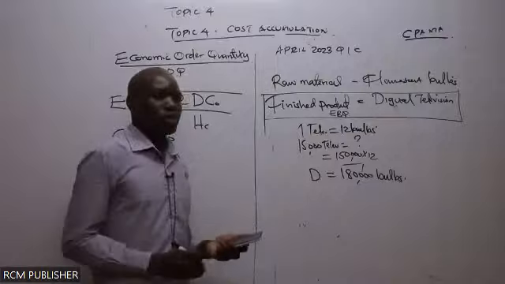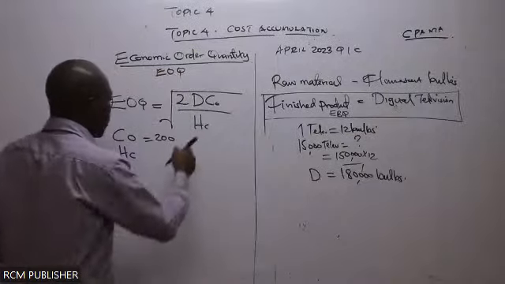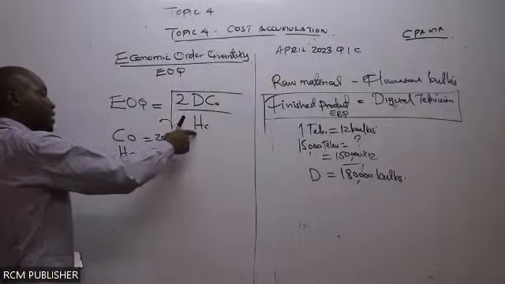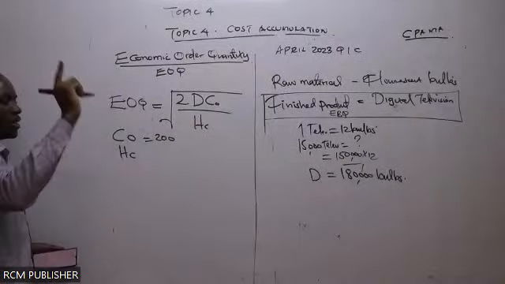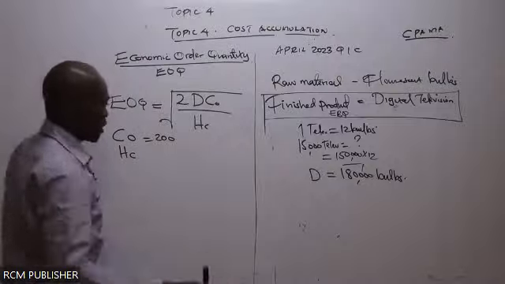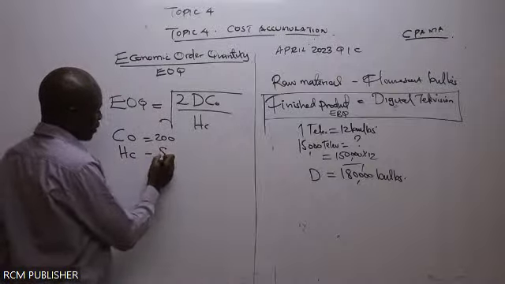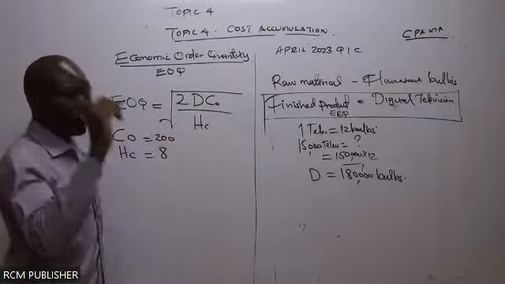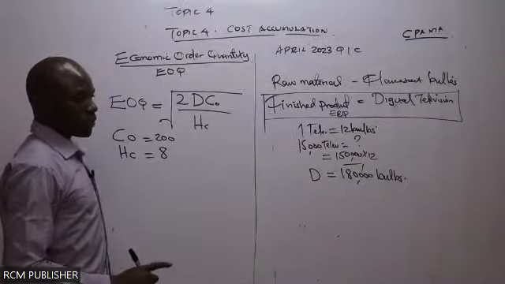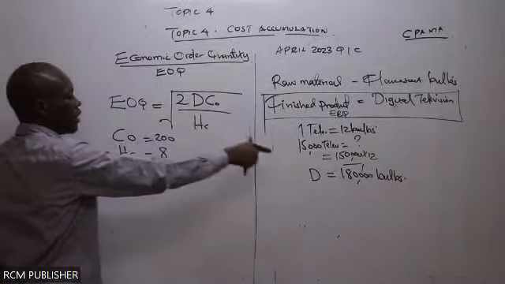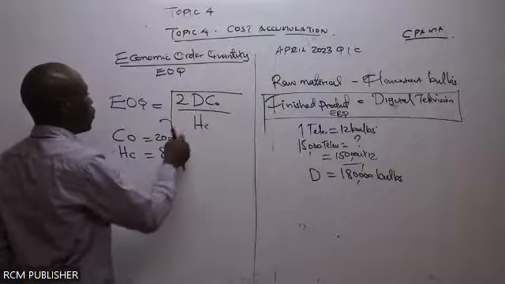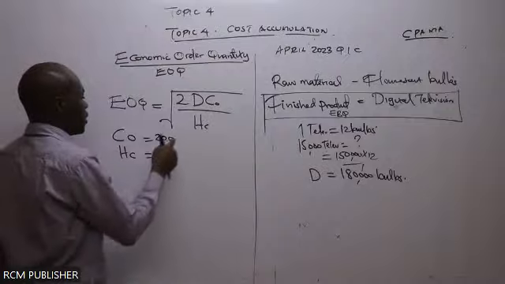Remember I said in our formula we have HC, that this HC, this holding cost is the same as carrying cost, and therefore that HC is equivalent to 8. So we have D, we have CO, we have HC.